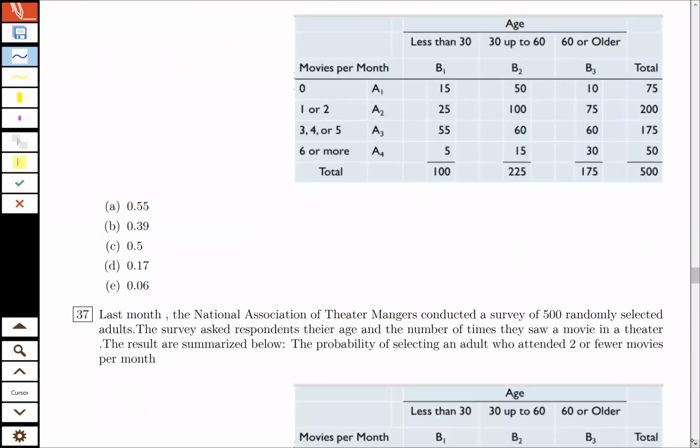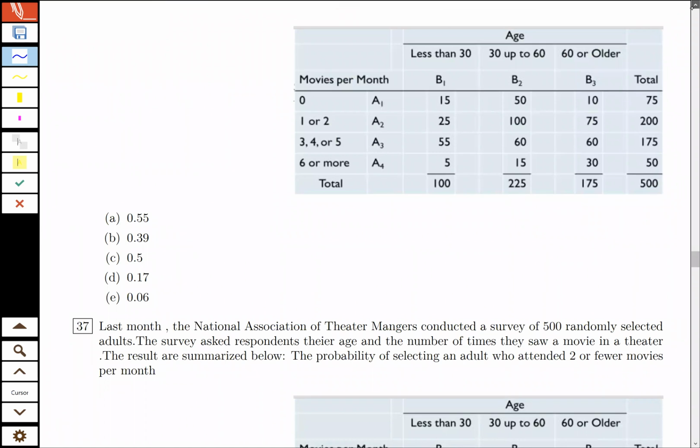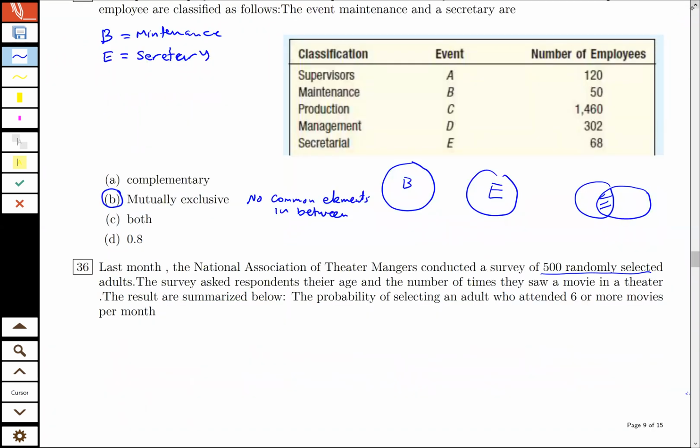Let me get the statement, what he wants. He wants: what is the probability of selecting an adult who attended 6 movies or more? So we need an adult attending 6 movies or more in the table.